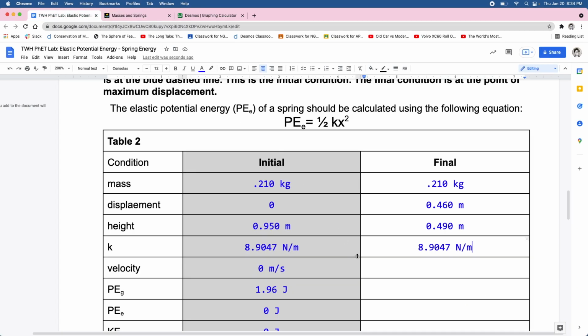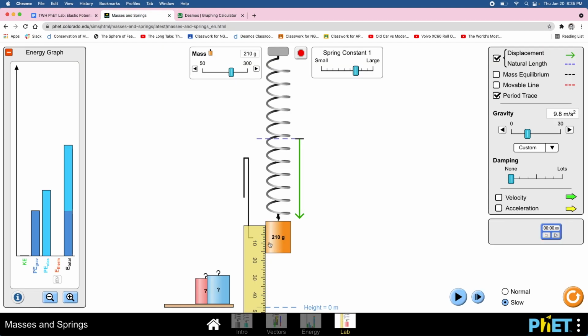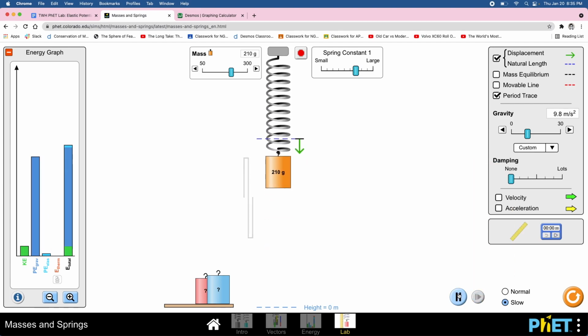All right, so what I want to point out, something real quick, the displacement here is equal to the difference between the initial height and the final height. 0.950 meters minus 0.490 is the displacement, which makes sense because when the mass was at its original location, the displacement was 0, boom, its height was 95 centimeters.